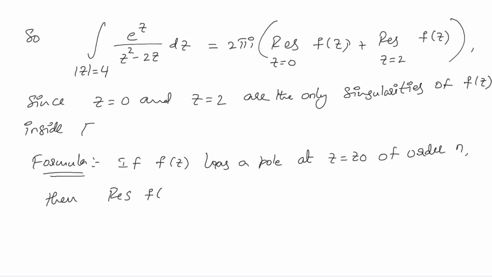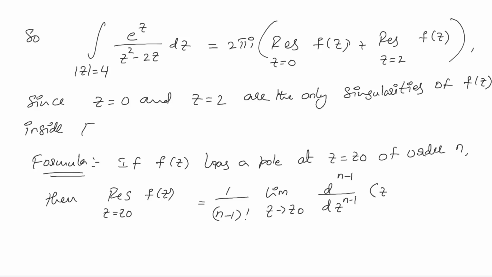Residue of f of z at z equal to z naught is 1 divided by n minus 1 factorial times the limit z tending to z naught of the n minus 1th derivative of the function z minus z naught whole to the power of n times f of z. So this is the formula to calculate the residue of any function whenever f of z has a pole.